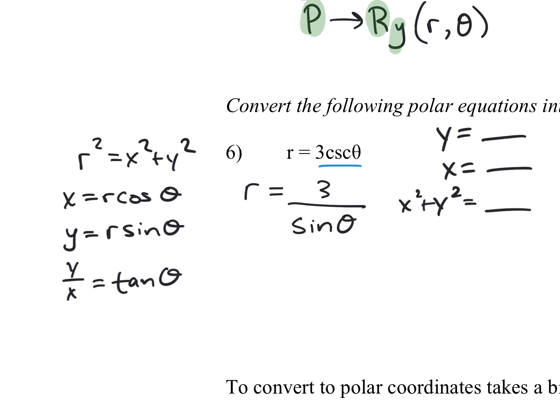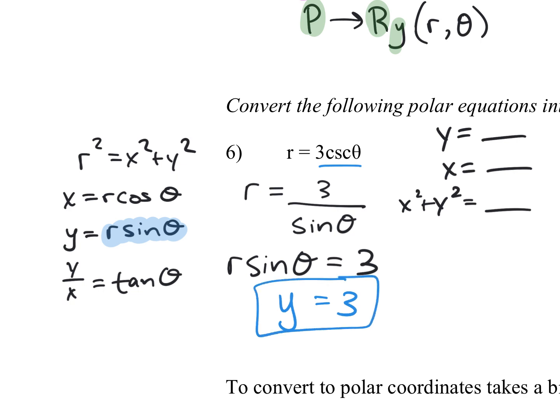And even if we're not sure where to go next, maybe our instinct is to clear that fraction, multiplying both sides by sine theta. I will have r sine theta equals 3. Well, that's actually very helpful for us. We know what r sine theta is. R sine theta is the same as y. So our simplified equation here in rectangular form is y equals 3. We've gotten rid of our r's and thetas, and now we just have a y in this case.